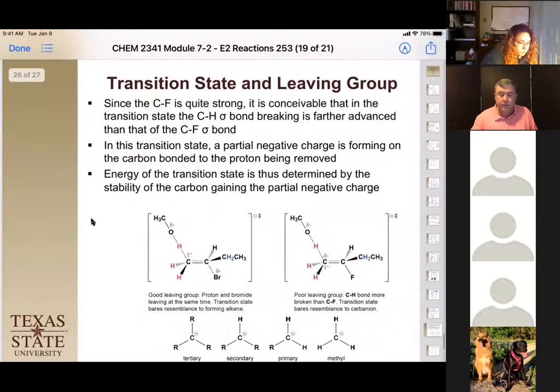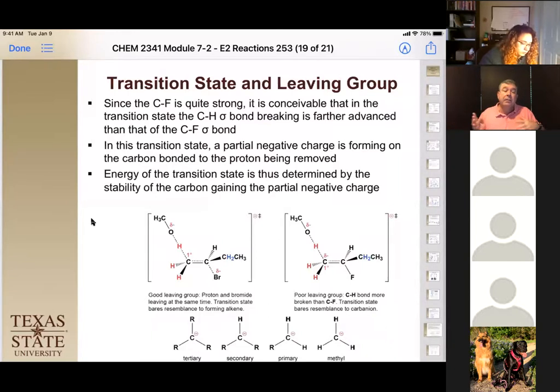And it all has to do with the transition state of the leaving group. The carbon-fluorine bond is much stronger than the other halides, meaning that it's going to have to break more of the carbon-hydrogen sigma bond before it starts to break the carbon-fluorine bond, because it's a stronger bond.